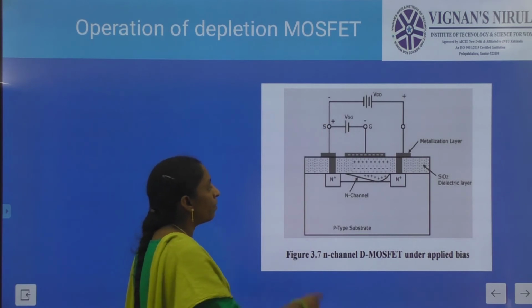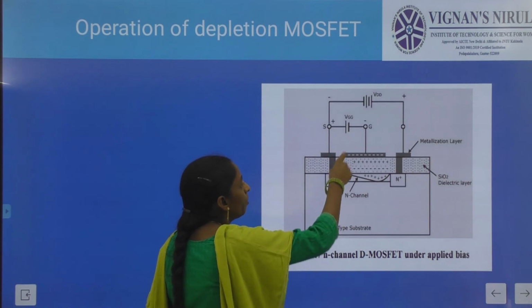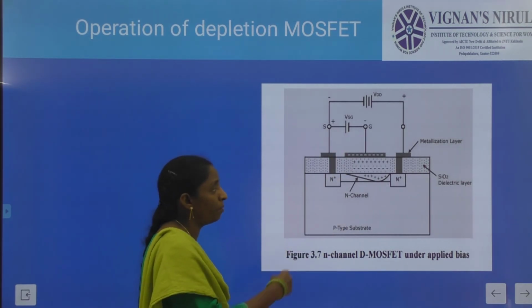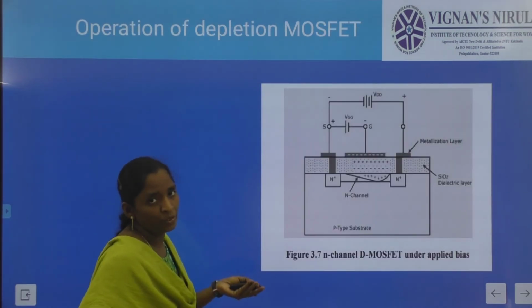Okay, so what is happening due to the more application of gate voltage? At the source, more holes are induced.